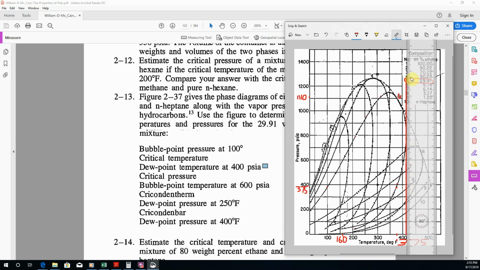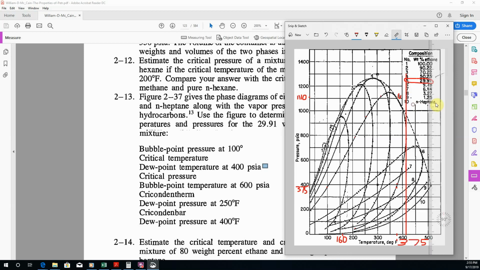That's the cricondotherm line right there that I just drew. And that looks to be about 415, maybe. Let's say 415 Fahrenheit is the cricondotherm.